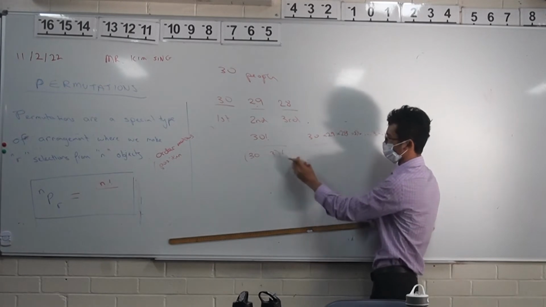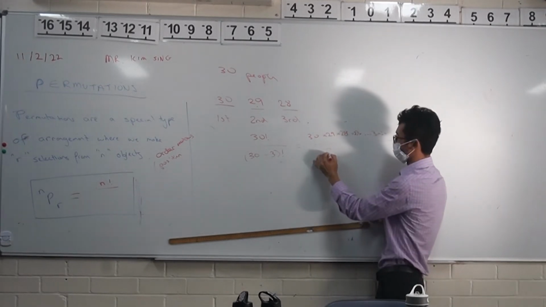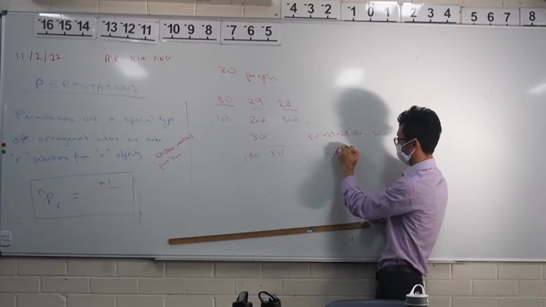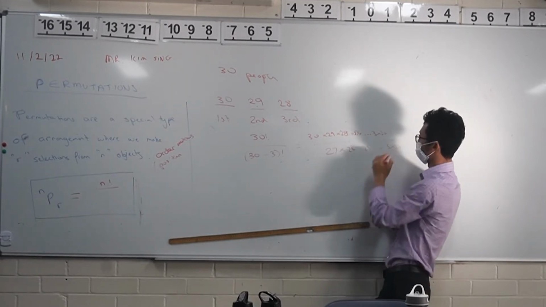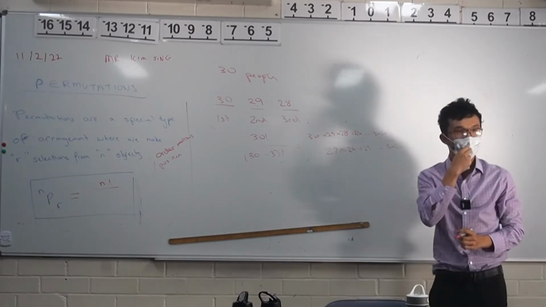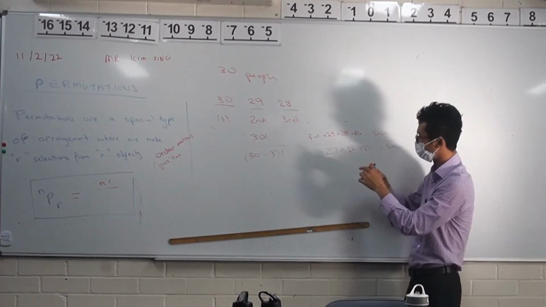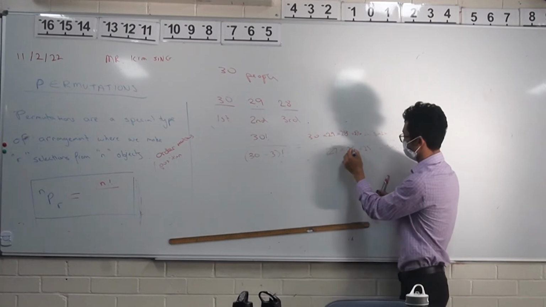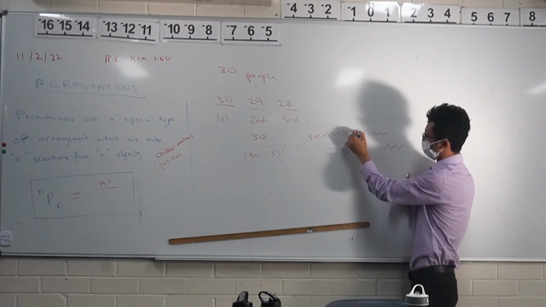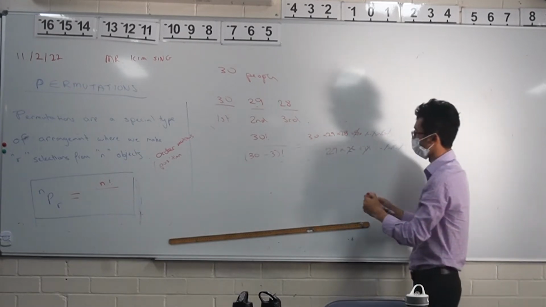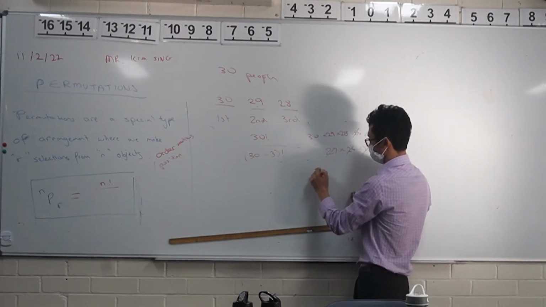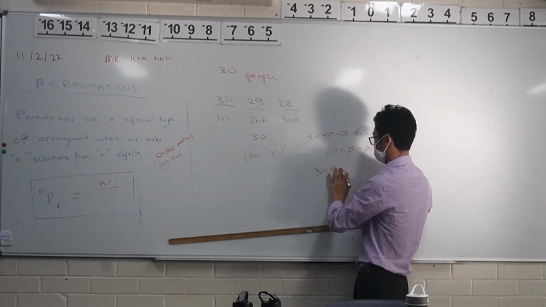And we'll see why in a second, because what is 30 minus 3? That's 27 times 26, all the way down to 3 times 2 times 1. And actually, this is still just a number that you can simplify, because these are all on the numerator, these are all on the denominator. And so what you get left with is just 30 times 29 times 28.